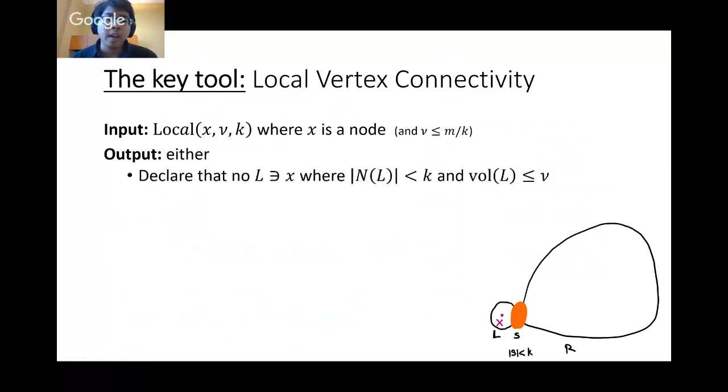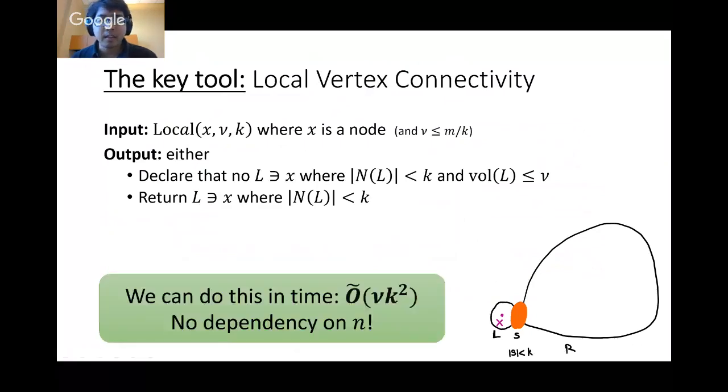It either declares that there is no set L containing X such that the cut size, the number of neighbors, is less than K and the volume is smaller than nu, or it finds you a set L such that the cut size, the number of neighbors, is less than K. And we can do this in nu K squared time.